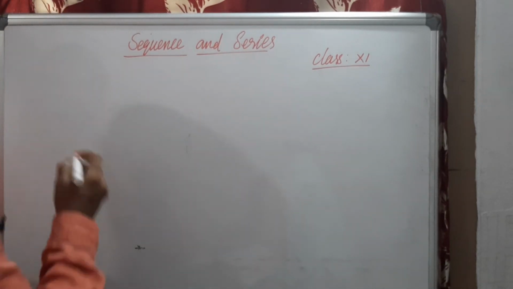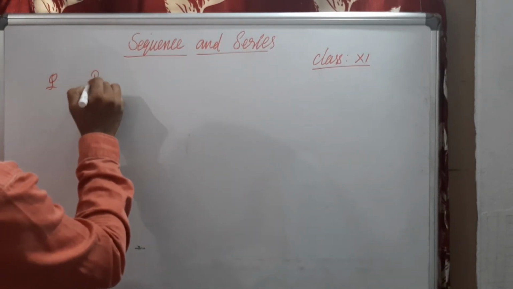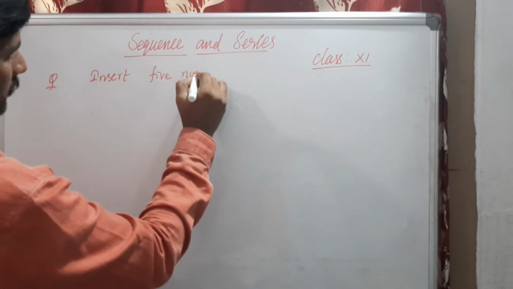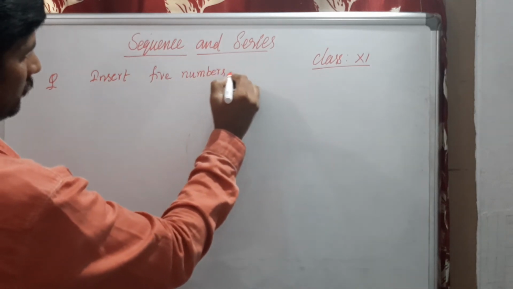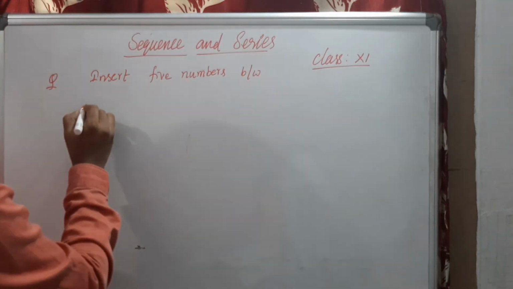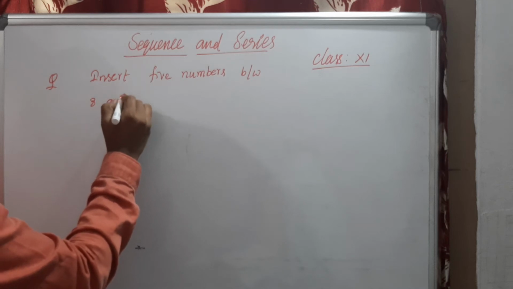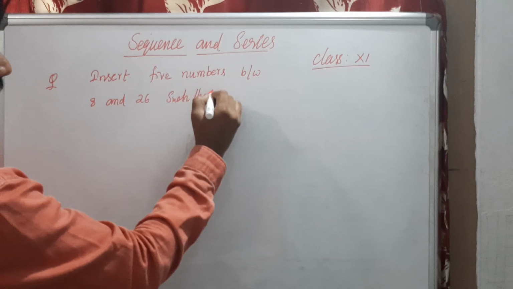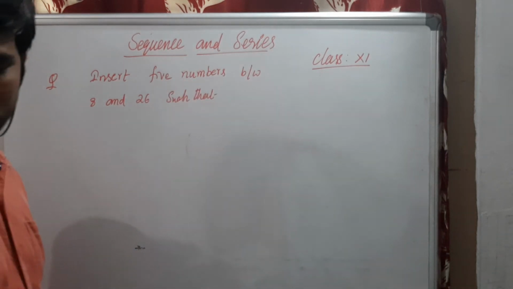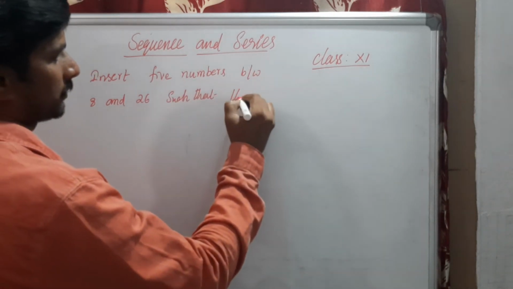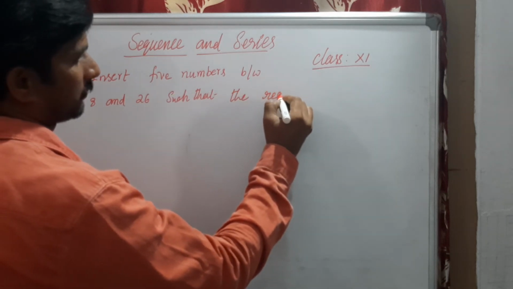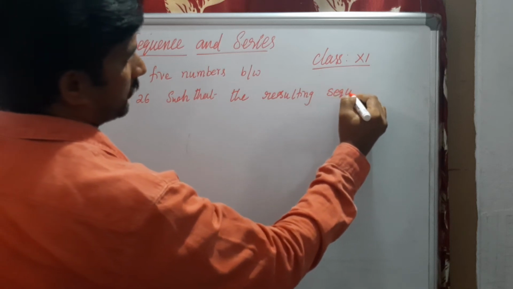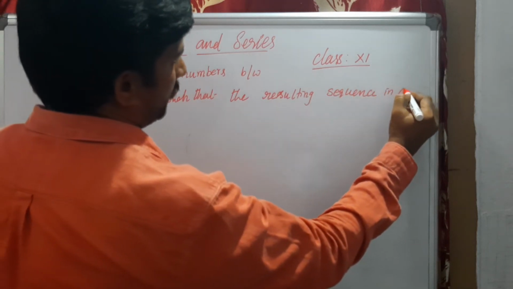Insert 5 numbers between 8 and 26 such that the resulting sequence is in AP.